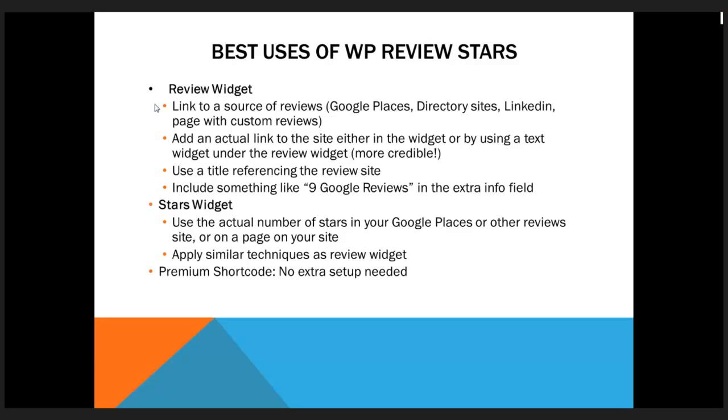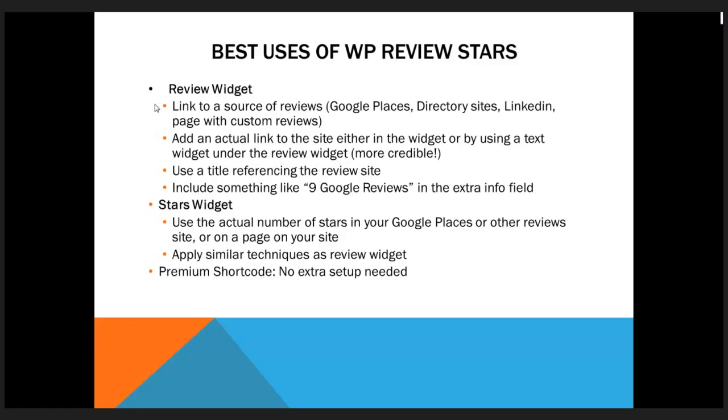I mean, you can do that if you do have that many reviews. What I suggest is putting an actual link to where your reviews are. You can use a text widget if you're using the widget. Basically, just put an HTML widget directly under your reviews widget or your stars widget, and then just do a link to the page where your reviews are. You can have user reviews and just put them on a page if you're doing an affiliate site and you have a few reviews, or if you have a local marketing site, or if it's for a local client, what you can do is just link to wherever the reviews are that you're referencing.